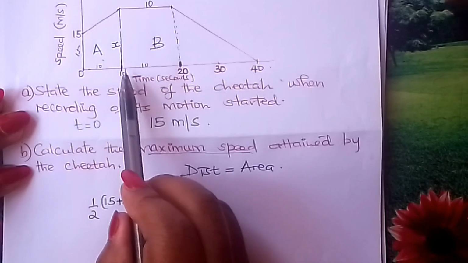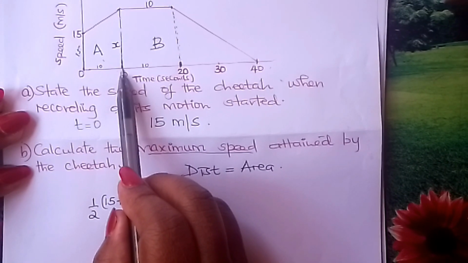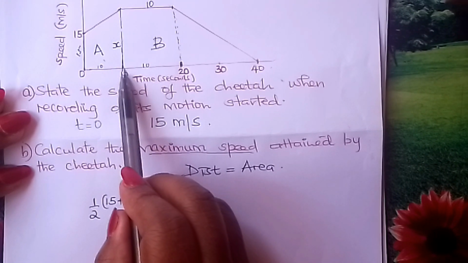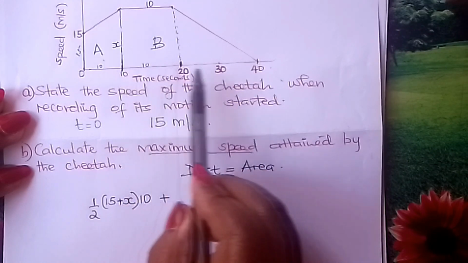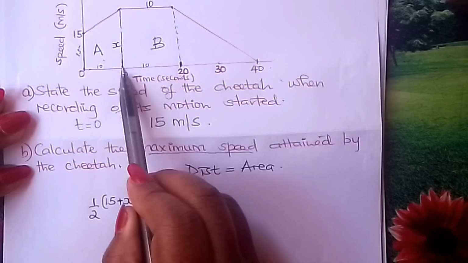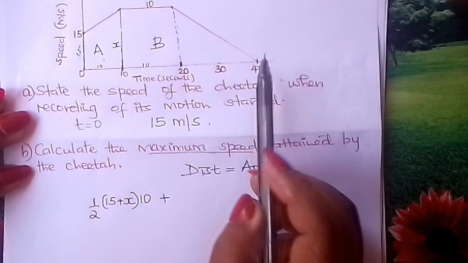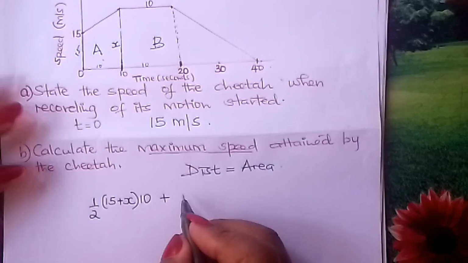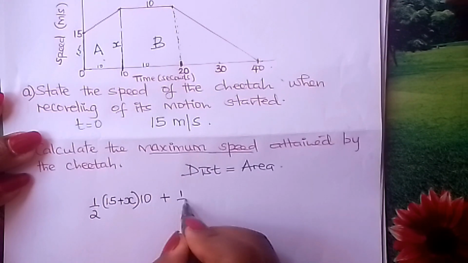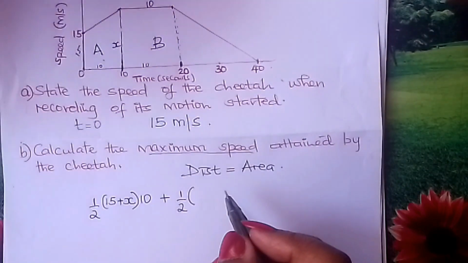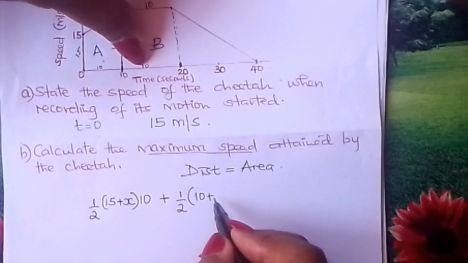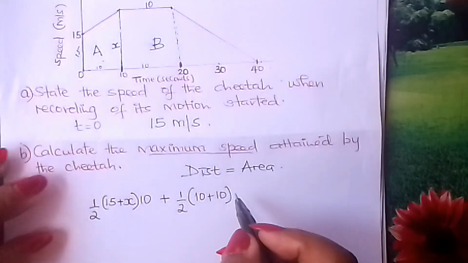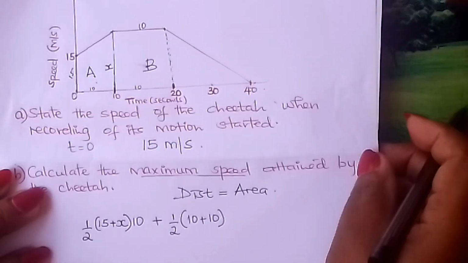And down here, our trapezium starts from here, from 10 all the way to 40. So this is 30. 40 minus 10, the length here is 30. So the area of the trapezium will be a half of 10, the upper side, plus 30, the lower side, times the height of our trapezium.